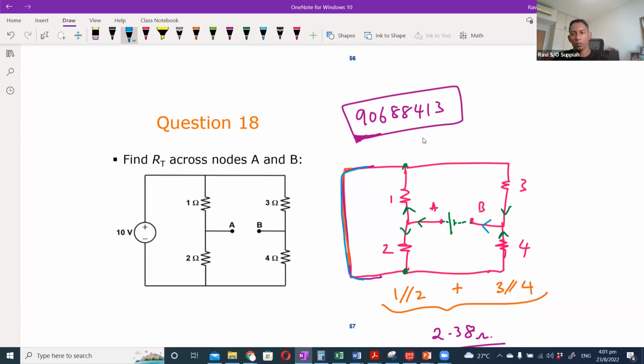That's the only way back to the negative, which means I must eventually split this current here into both 3 and 4. Since I'm going to split into 3 and 4, we consider them as parallel, because there's no other way for the current to flow back into the negative terminal.